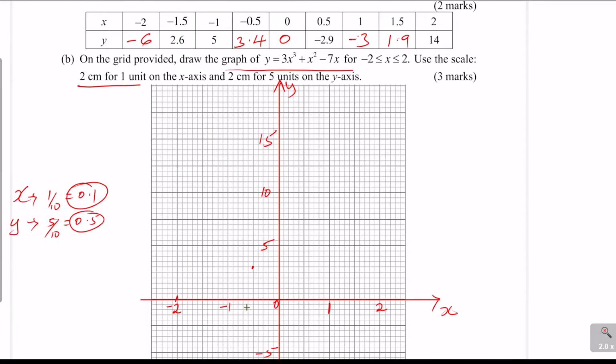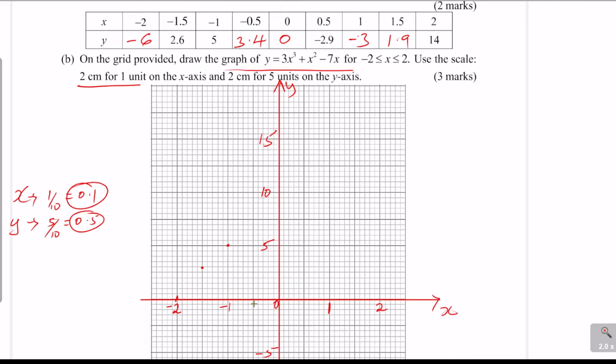So the second one, -1.5 is here, -1.5, 2.6. It is there.